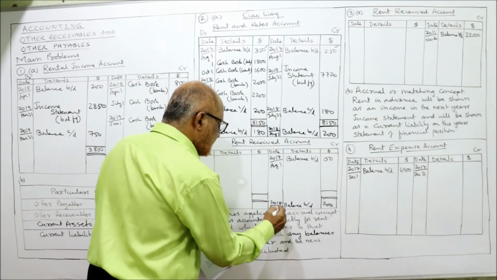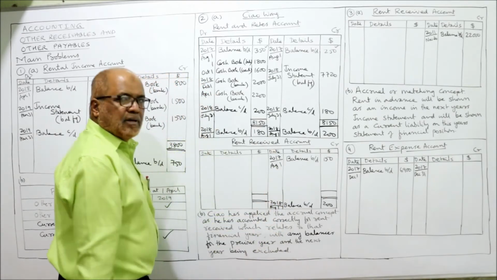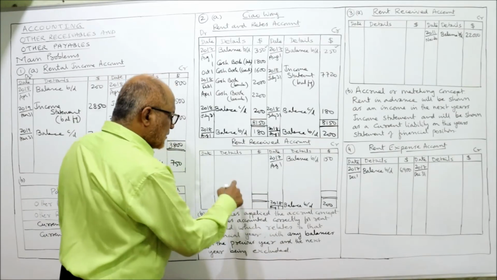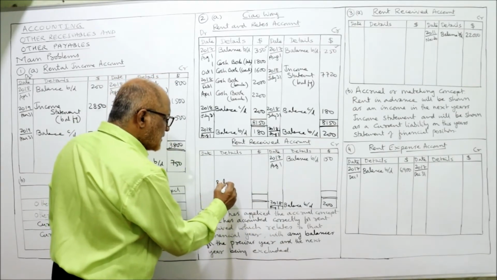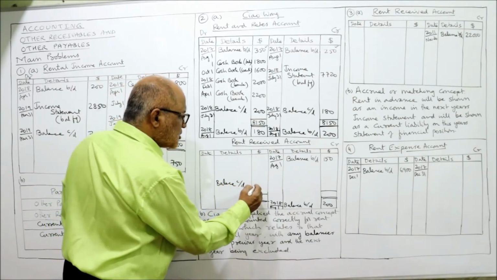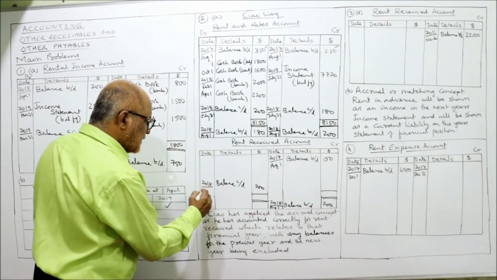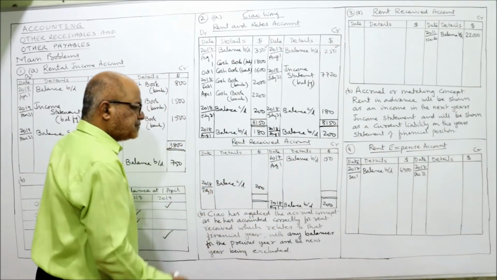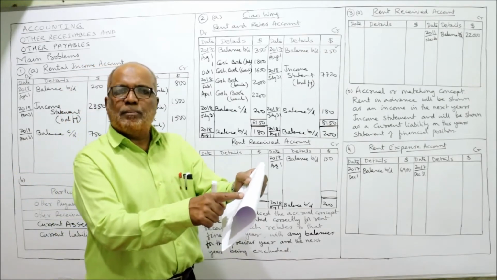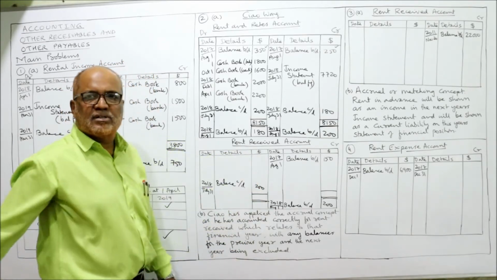Same. So brought down we have taken on credit side, and balance carried down is 200. That is 2018 July 31st, end of the year. So opening and closing balances we have taken for rent received.